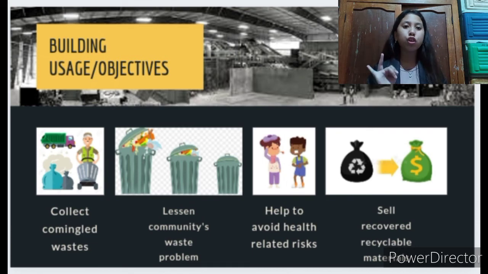Then second is to help the community to lessen their issue regarding the wastes. Third is to help the community to avoid any health-related risk brought by unmanaged wastes. And lastly is to provide the business industries recyclables they need for them to create new product by selling it to them, and therefore it makes money.